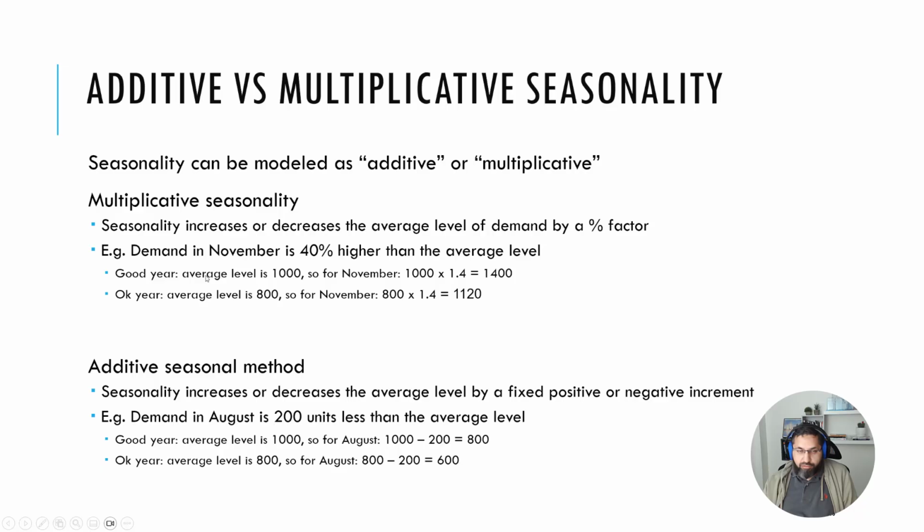So you can say, okay, average sales is 1,000. So for November, my sales are going to be 1.4 times 1,000 or 1,400. Now, if your average sales fell, and now let's say you're doing on average 800, then the sales in November would also fall, because the new November sales would be 800 times 1.4, or 1,120, instead of 1,400.